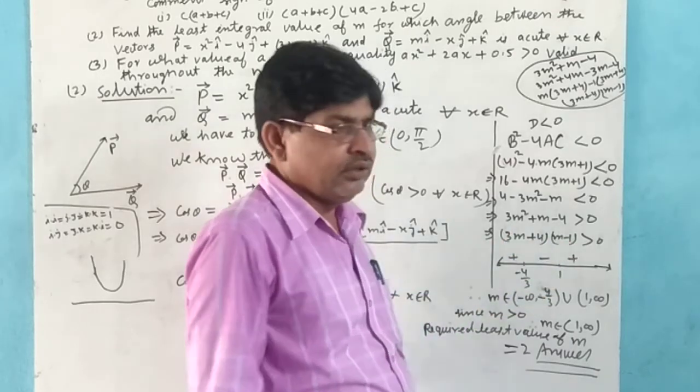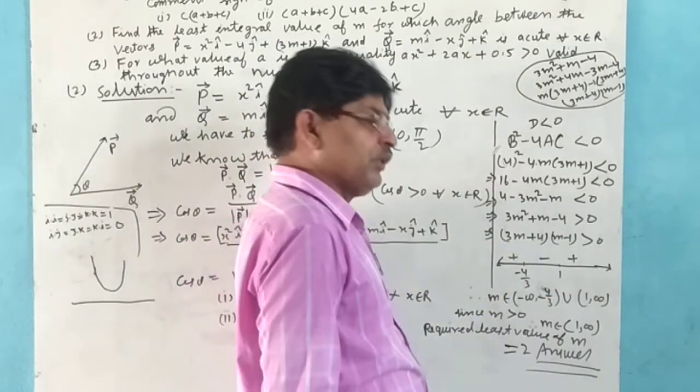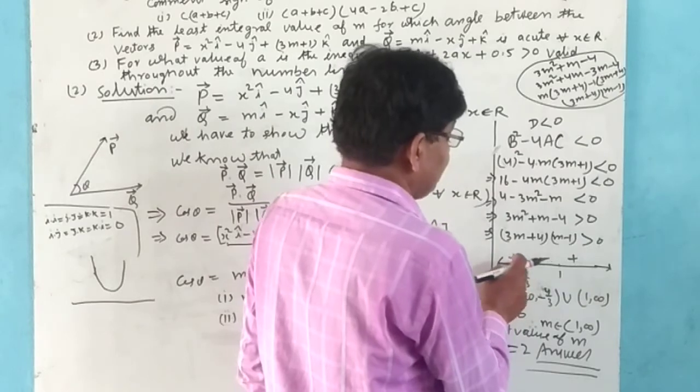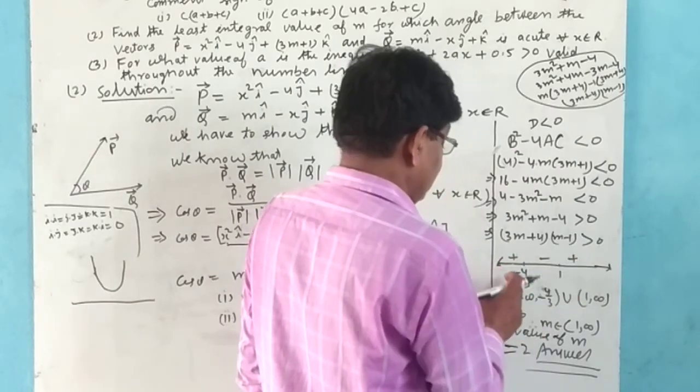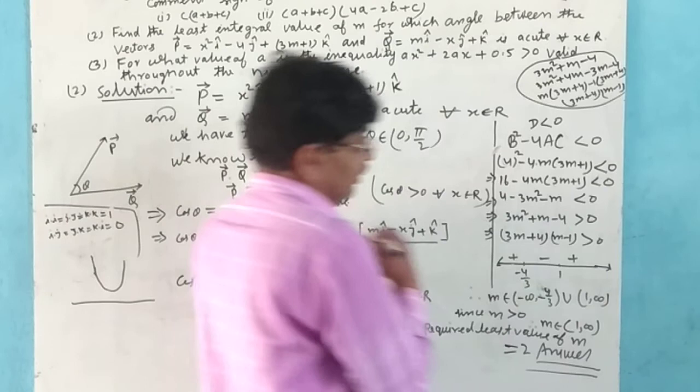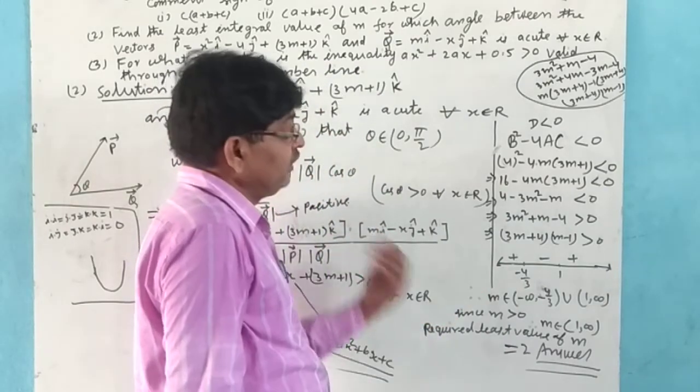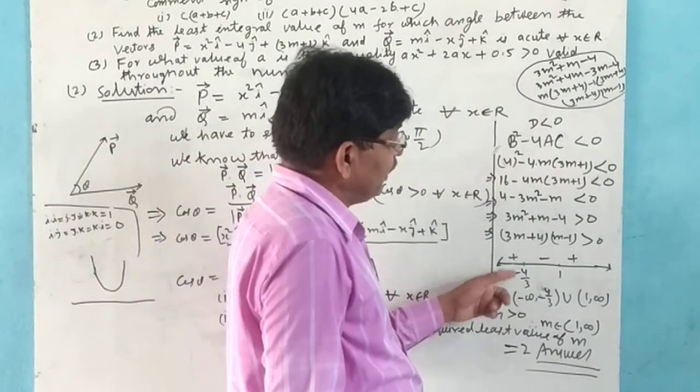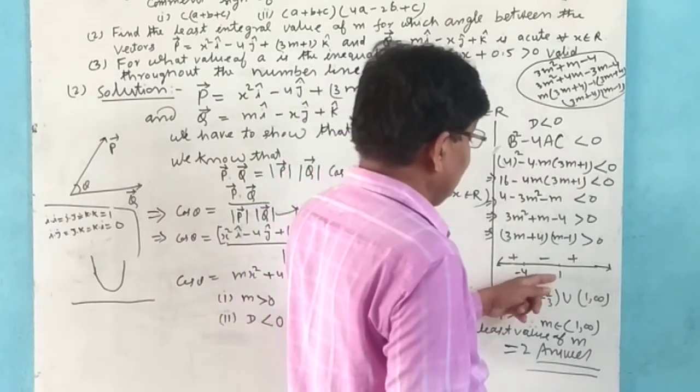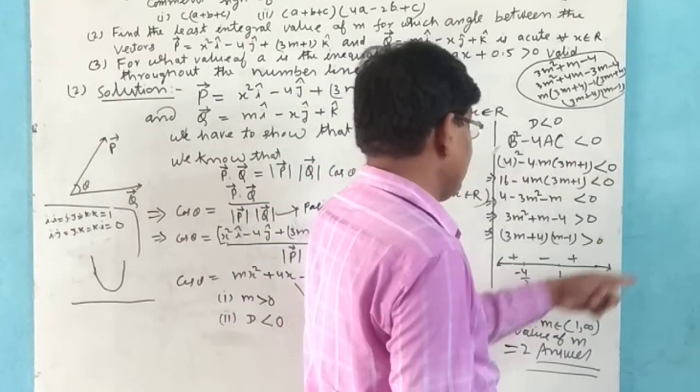This is a greater than inequality, so we take the positive area, signs plus, minus, plus. So m belongs to minus infinity to minus 4 by 3, union 1 to plus infinity.